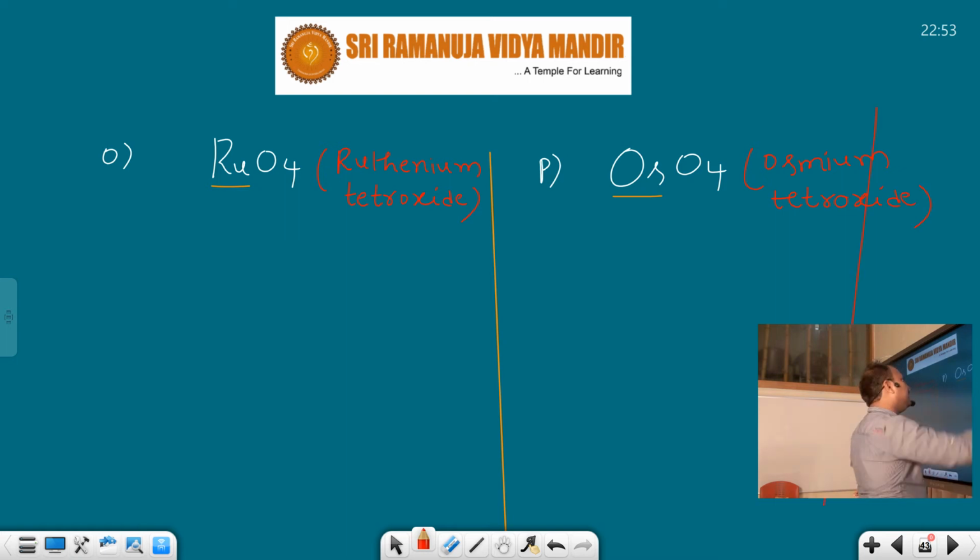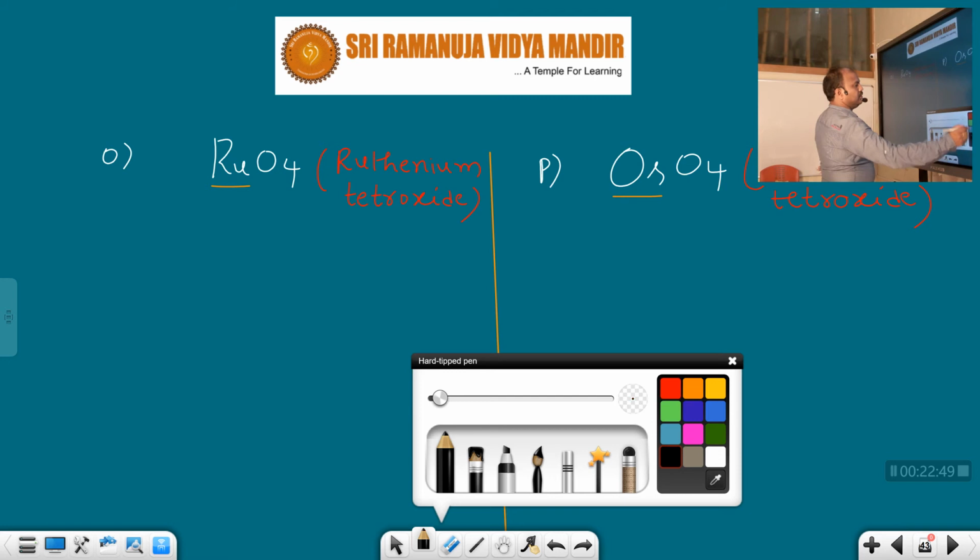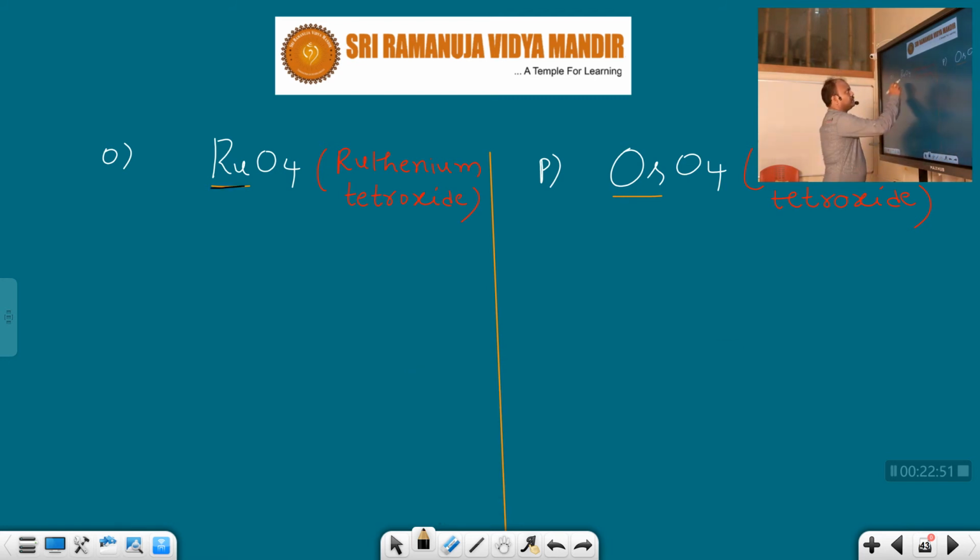So in ruthenium tetroxide and osmium tetroxide, first of all, you should take ruthenium tetroxide. We have to find the oxidation number of ruthenium. So generally how many rutheniums are there? 1 ruthenium. How many oxygens are there? 4 oxygens. Should be equal to its charge, 0.